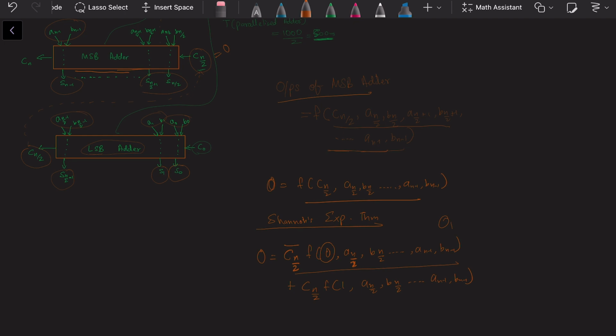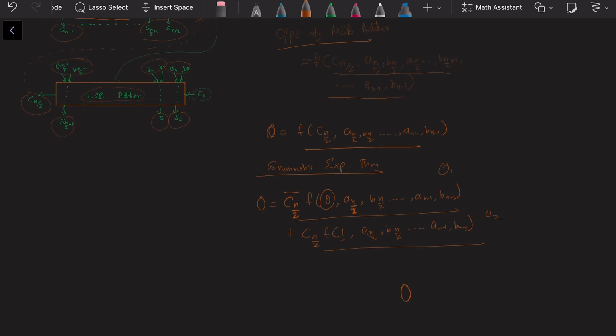And we can assume that the incoming carry to the MSB adder is 1 and compute all the outputs of it, which we call O2. And then O essentially becomes a muxed version of O1 and O2, depending on the value of Cn/2. Now, I'm sorry if this notation is getting confusing. We'll clear this up. What is O1? What is O2?